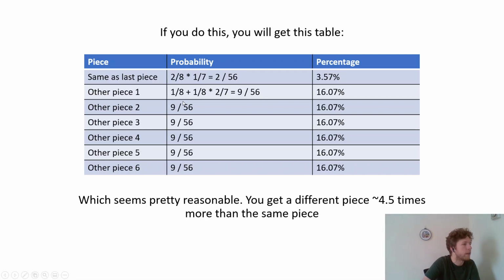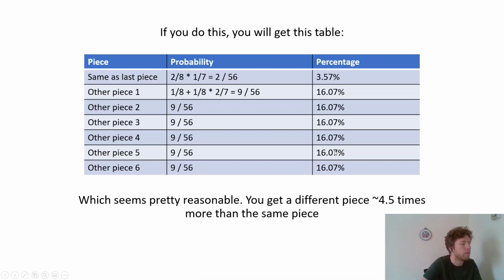And then the other situation is, I think maybe this should be, yeah, there should be 2/8 and 1/7 here. It works out the same, but I just typoed these, I believe. So the result of that comes out to 9 out of 56, so 16.07%.